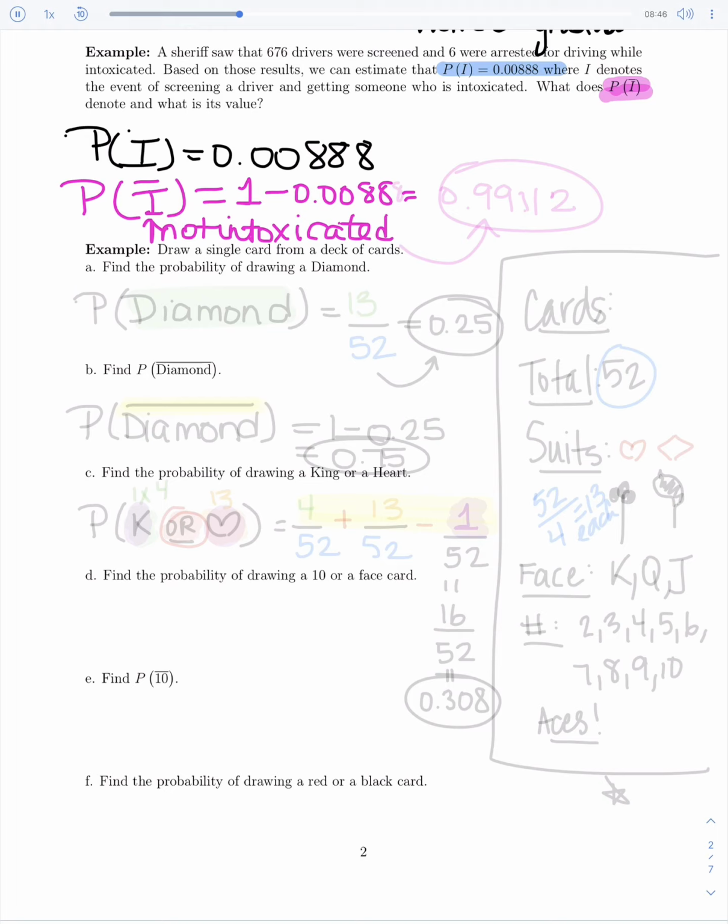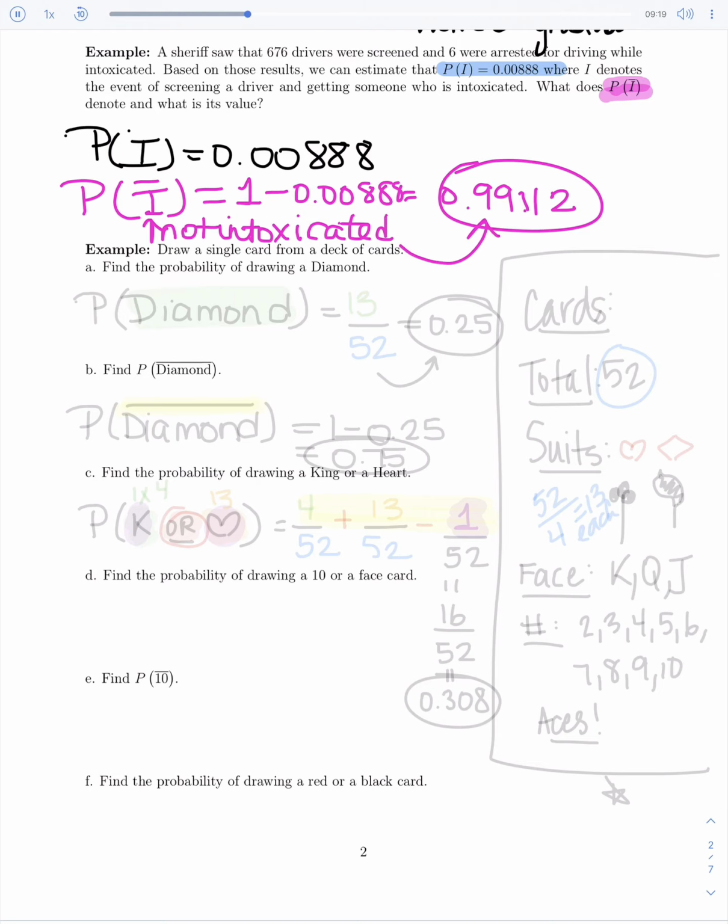So what is 1 minus 0.00888? That gets you 0.99112. Sorry, there was one more 8. So 0.99112 is your final answer for the probability of somebody not being intoxicated.